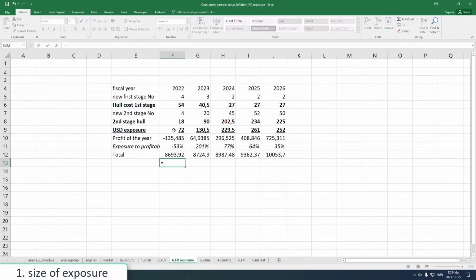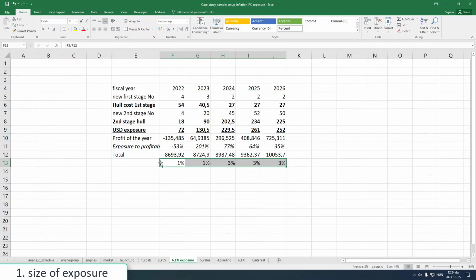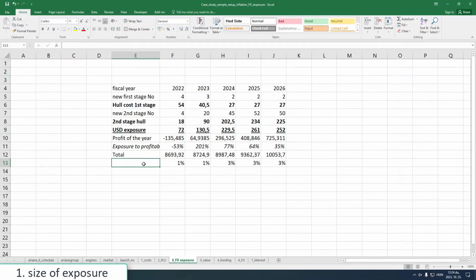So exposure divided by this number here. Okay, we are outgrowing this exposure. 1%, 3%. Yeah, so total assets.